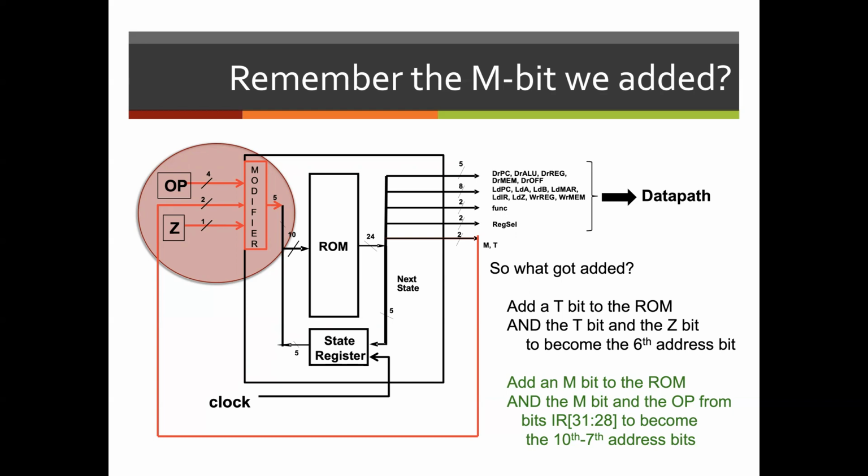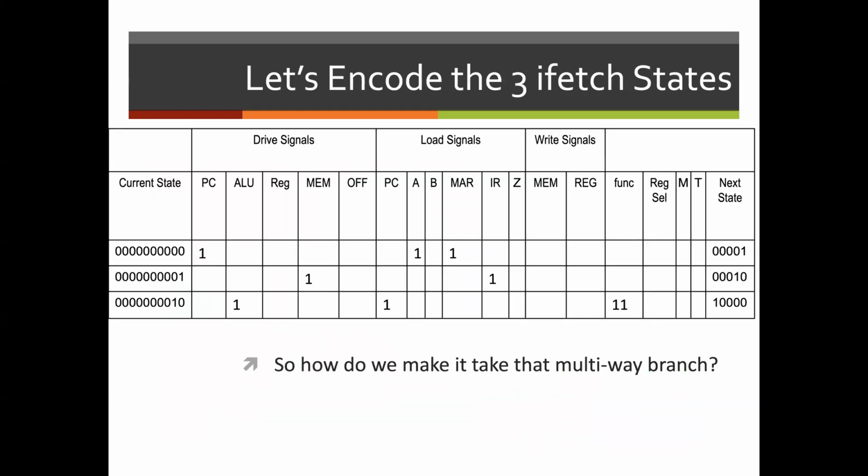And then we'll add an M bit to the ROM, and the M bit and the opcode bits also become the 10th through the 7th address bits. Once that is accomplished, we can then set the appropriate M bit for our multi-way branch.